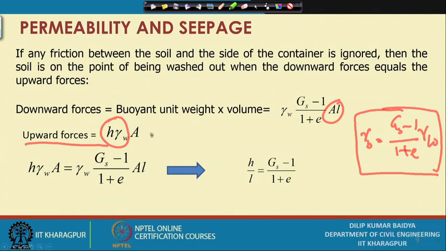So, these two must be equal. A gets cancelled, and ultimately you can see that h by L, which is nothing but i, will be equal to (G minus 1) by (1 plus e).